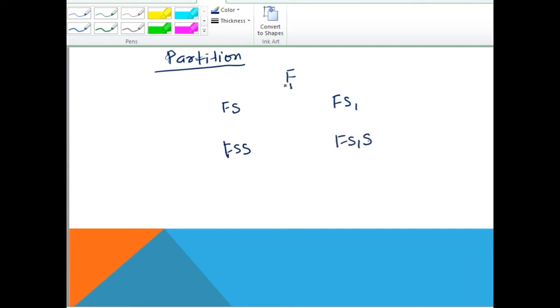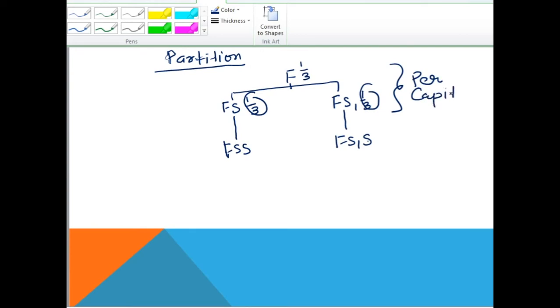Now let's say the partition occurs between F and his sons Fs and Fs1. First of all, the co-partnership property will be divided into F and his sons Fs and Fs1. So each of them will get 1 by 3. Now this 1 by 3, this is per capita division.